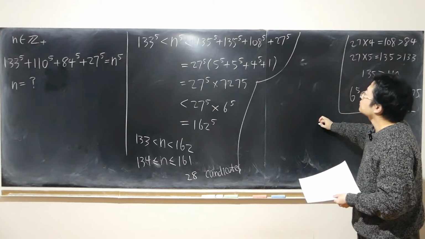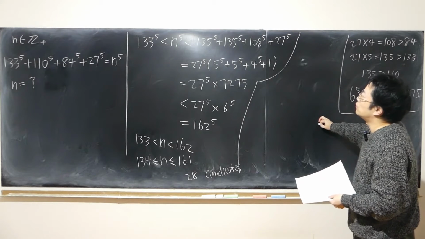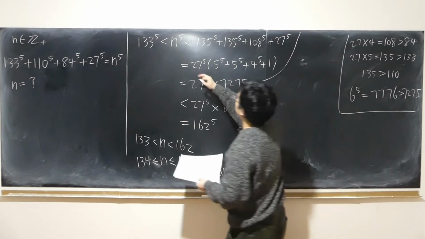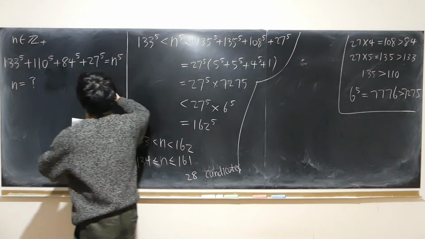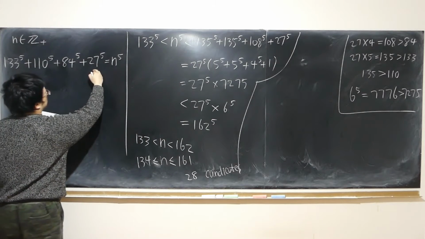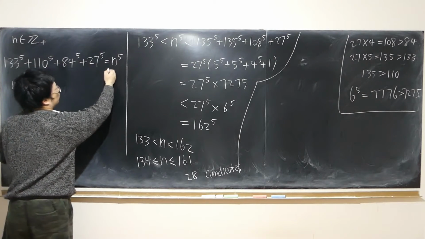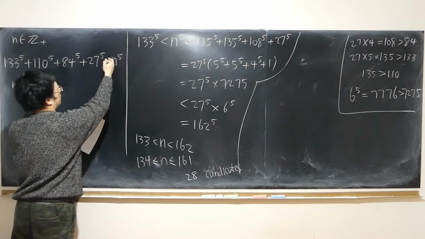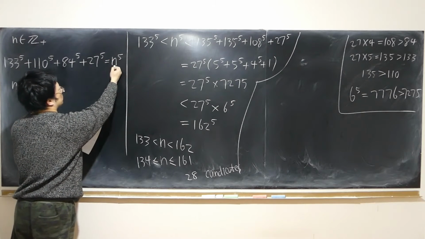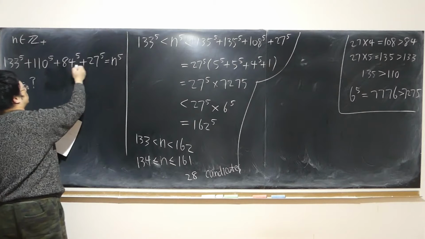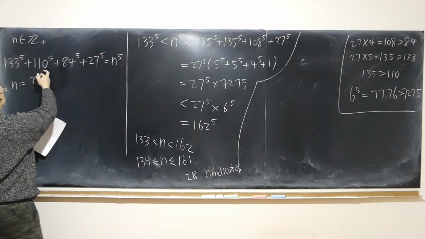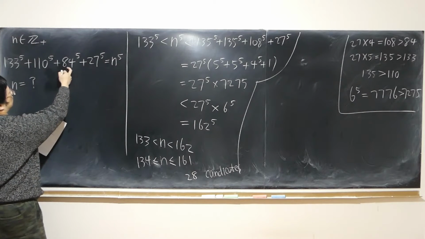So again, we use the number 2 to divide this. In other words, we want to find out the remainder if we divide n to the power of 5 by 2. In fact, this is even. This is also even.